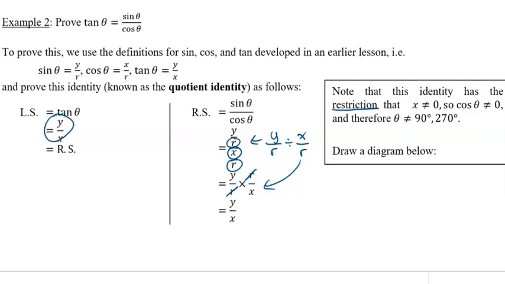Remember, r is the length of the terminal arm. So if we have something that we're graphing, and we have a terminal arm like so, then the y value is represented by how high above or below the x-axis it is. The x value is how far to the left or right of the y-axis it is, and the r value is the length of the terminal arm. That length of the terminal arm will never be 0.